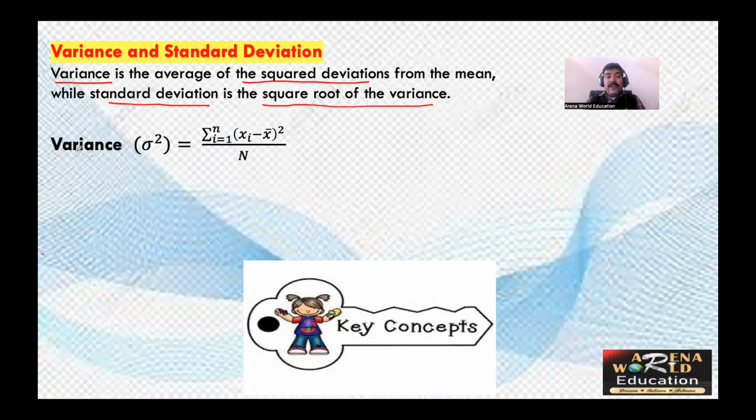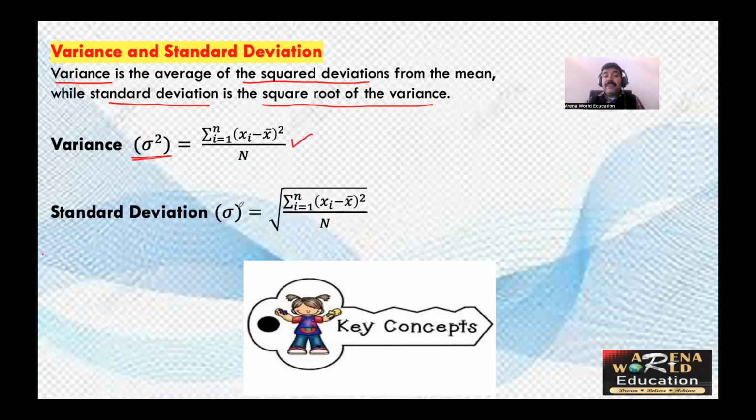This is the representation of variance and this is the formula. And standard deviation is simply the square root of variance, right? So these are a few important formulae. You have to remember all these formulae while solving questions related to variance and standard deviation, right?